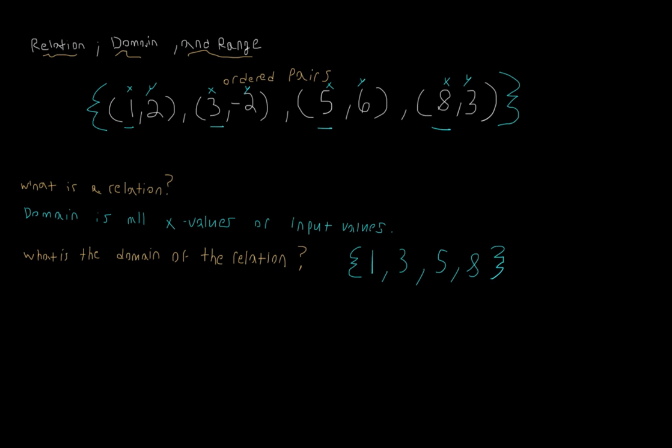Okay, so what if there was another question? What is the range of the relation? Well, let's do it in red. We know that the range are all the y values, or you can call them output.